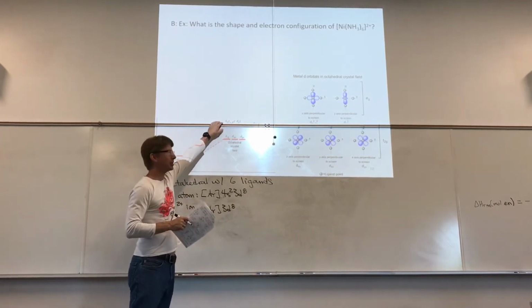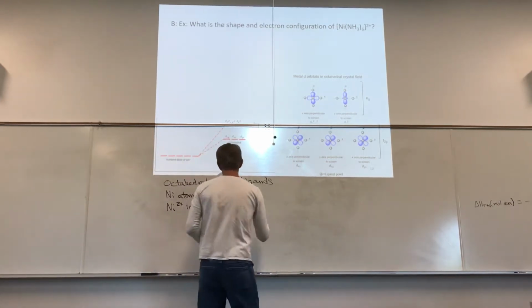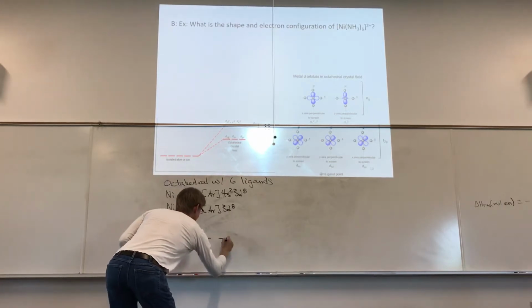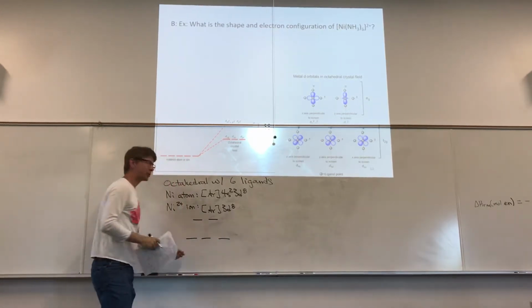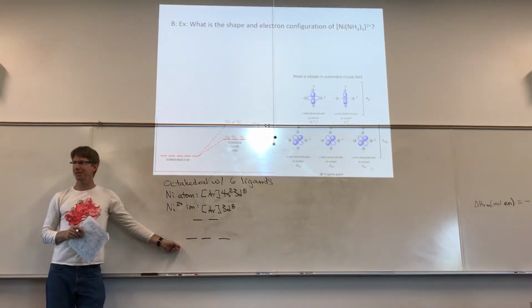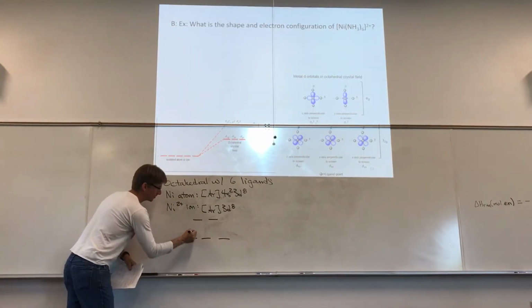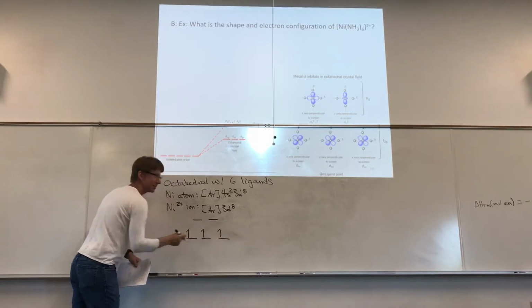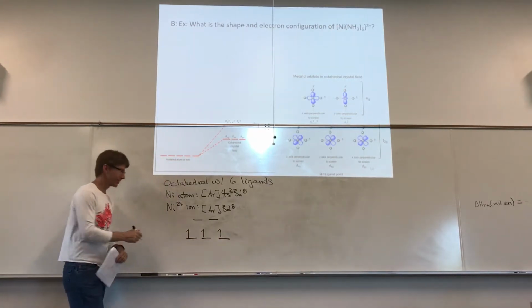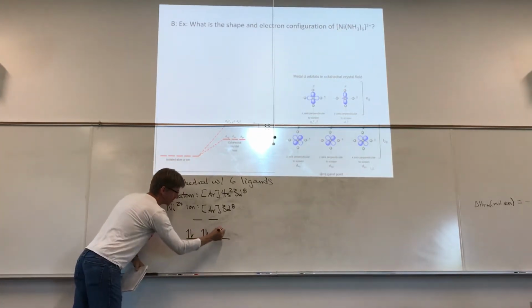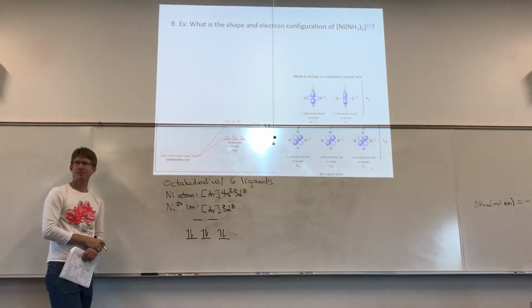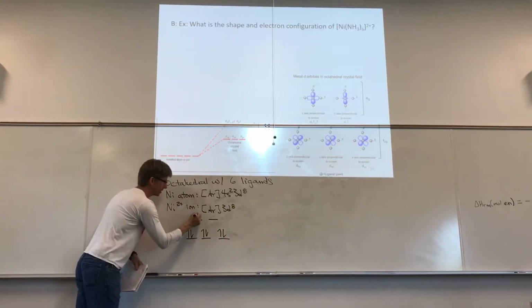You've got this picture, but since the top goes off the page, I'll redraw it down here for me to put in the electrons. Here they go. 1, 2, 3, 4, 5, 6, 7.